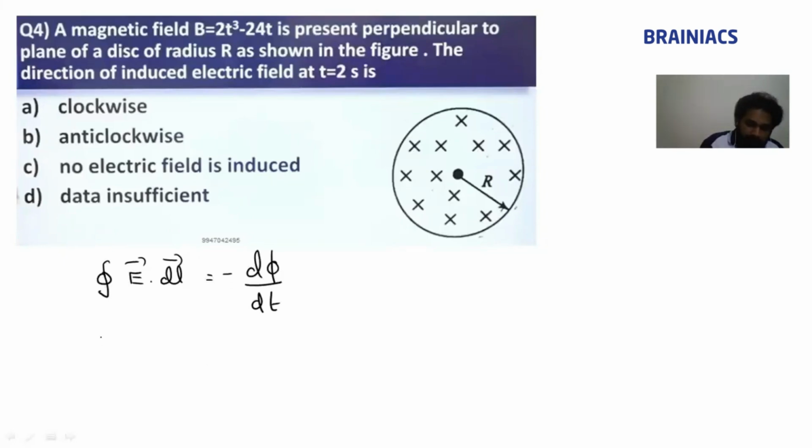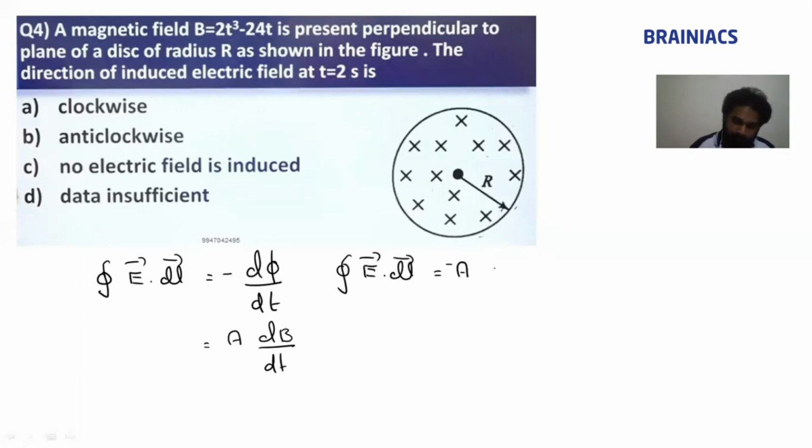Okay, so this is equal to what? A into dB by dt. Okay, so line integral of E dot dl is equal to area into d by dt of 2t cube minus 24t.